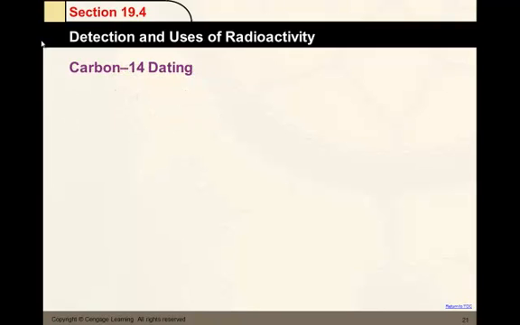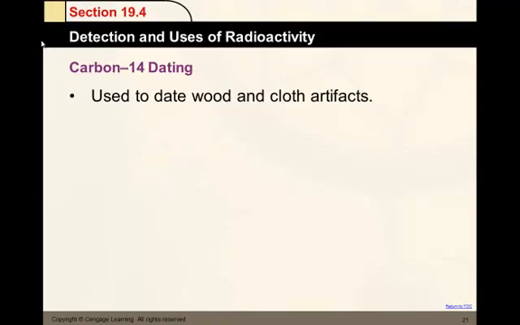What's the importance of radioactivity? Well, carbon-14 dating has nothing to do with being age 14 and being able to date, but it has to do with putting a date on old substances, those things that are organic in nature, such as wood and cloth. If you take art history or are interested in art at all, you know that sometimes very ancient paintings might have been painted on wood, and these may come from before medieval times or after, but we don't know.